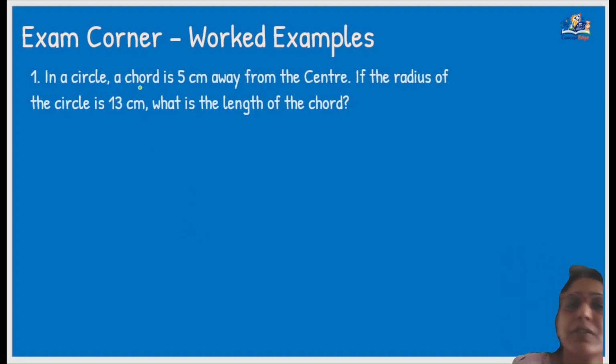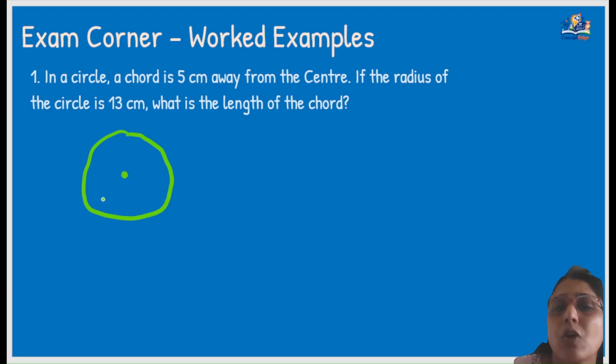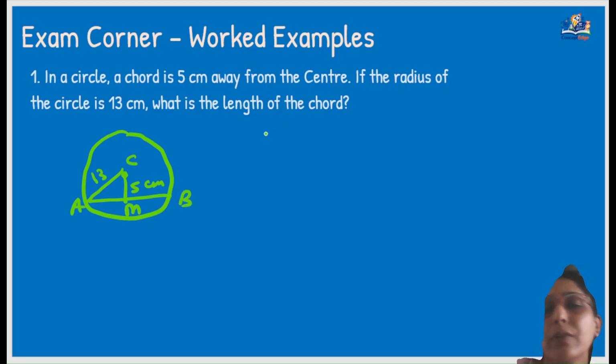The first question is very easy. In a circle the chord is 5 centimeters away from the center, so I'll quickly make a circle. The radius of the circle is 13 centimeters, and I need to find the length of the chord. Let's say this is C, this is A, this is B, and M. In this triangle, the perpendicular is over here, so AC squared equals CM squared plus AM squared.